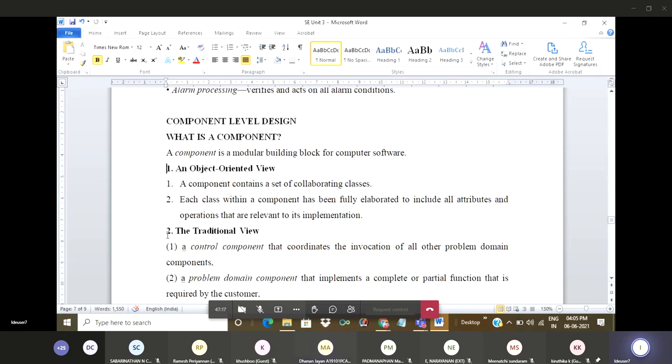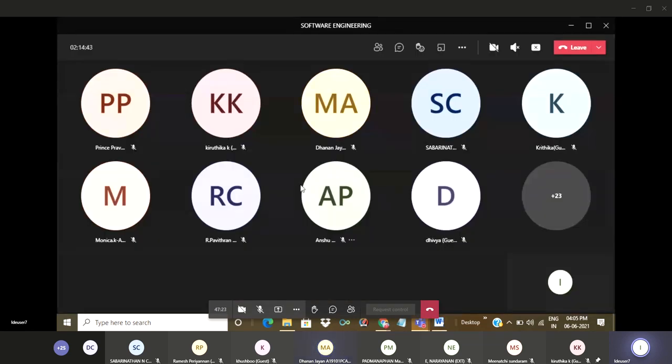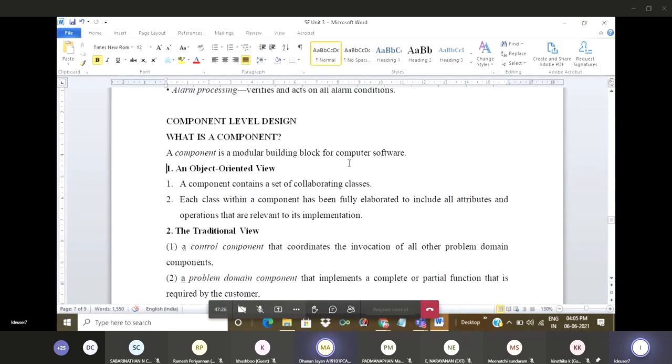Yes, Dhananjayan. Because there is no example for these things, it is a theoretical part. If there is an example, I'll explain it with an example. But here I cannot give an example because I have to explain what is what. In software cost estimation, I can give you a simple example according to the title.